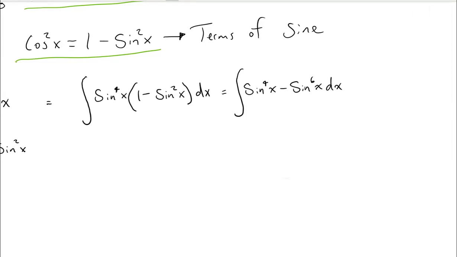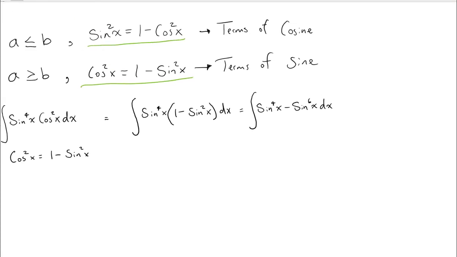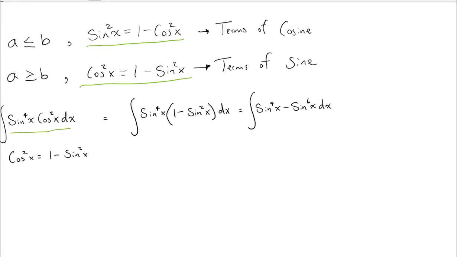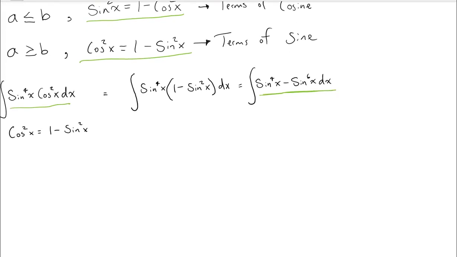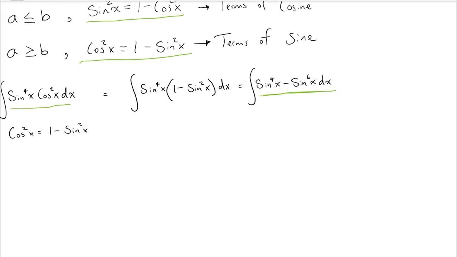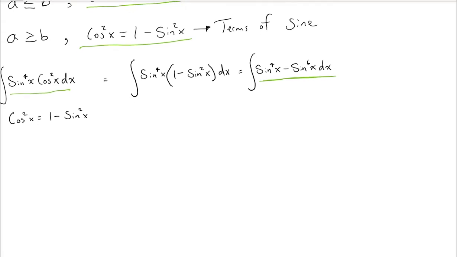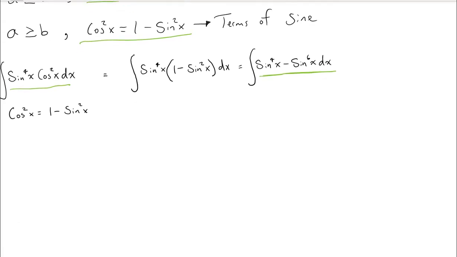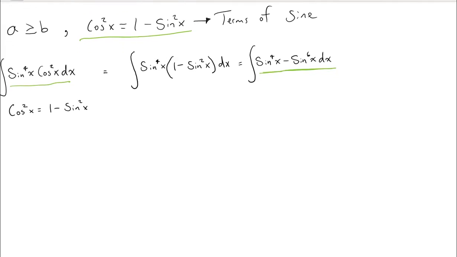Now notice that what we've done here is we've rewritten this original integral on the left-hand side and equated it to this integral on the right-hand side, which is the sum of two integrals which are even powers of sine.